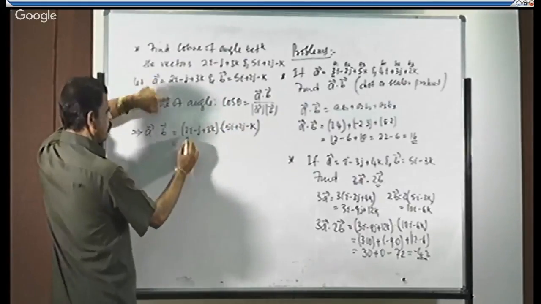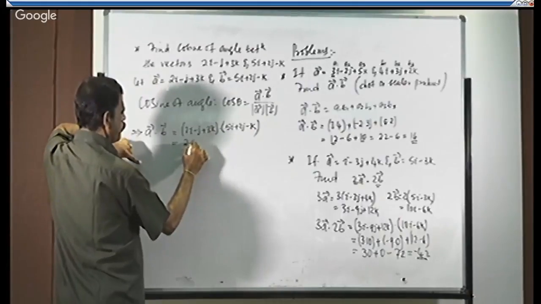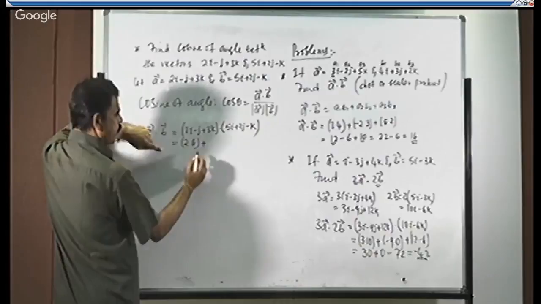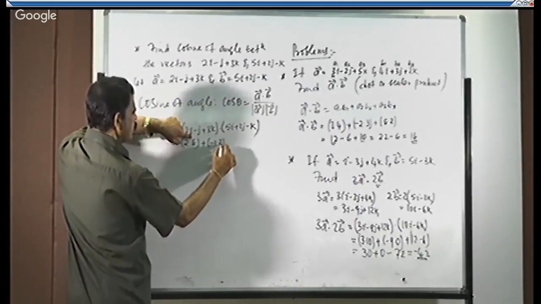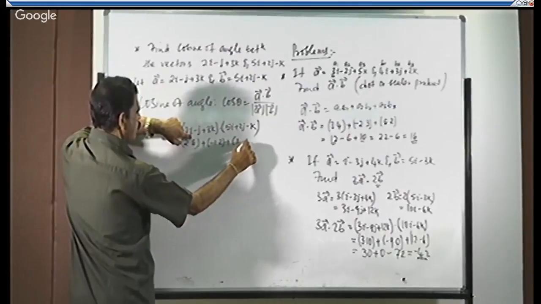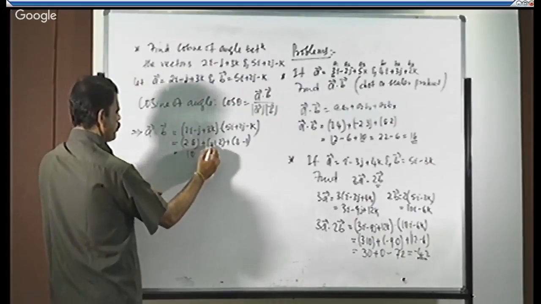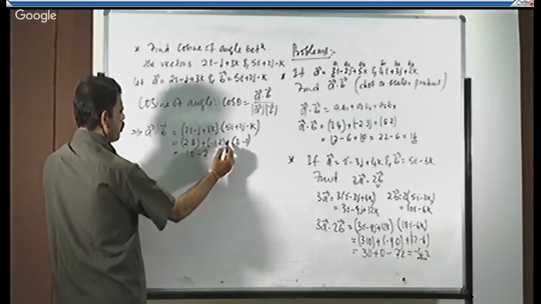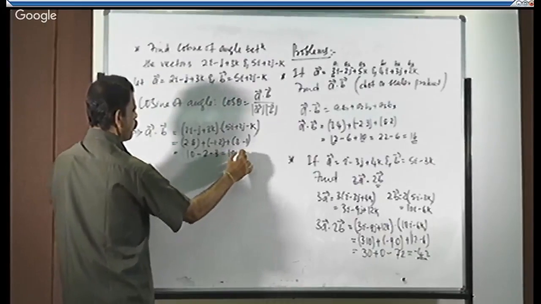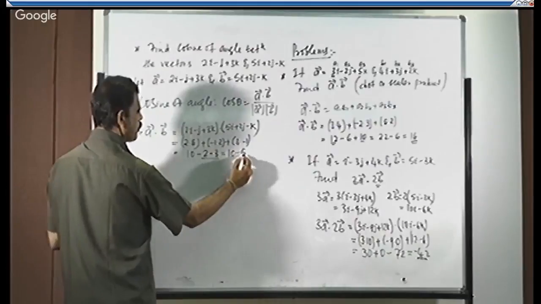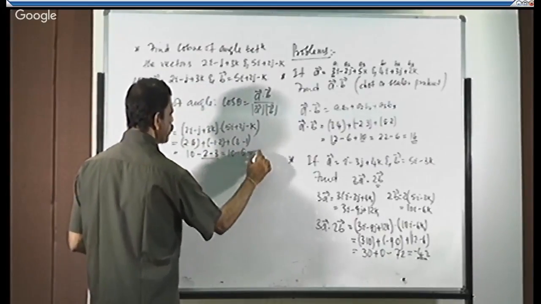Which is equal to 2i into 5i, that is 2 into 5, plus the j coefficient, which is minus 1 into 2, plus 3 into minus 1. 2 fives are 10, plus minus 1 into 2 is minus 2, plus 3 into minus 1 is minus 3. It is 10 minus 2 minus 3, which is 5. Therefore, we are getting a dot b is equal to 5.